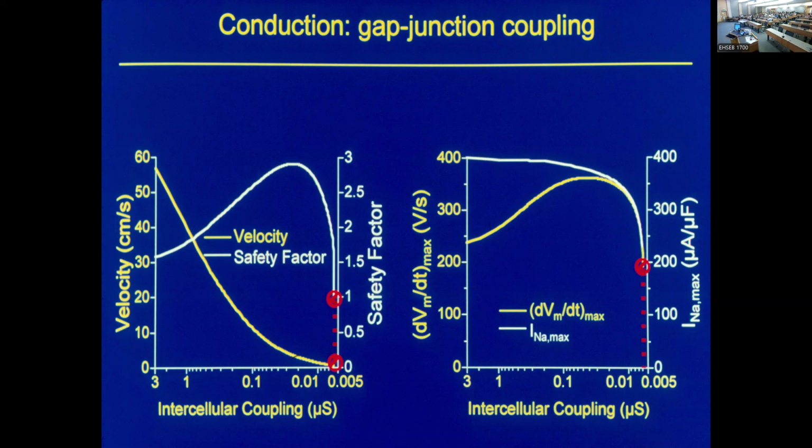Now the situation is very different, and that could, at first glance, seem very non-intuitive to you. If you look here, the sodium channel availability is almost flat in this whole region. Almost no effect, because we don't touch the sodium channel.